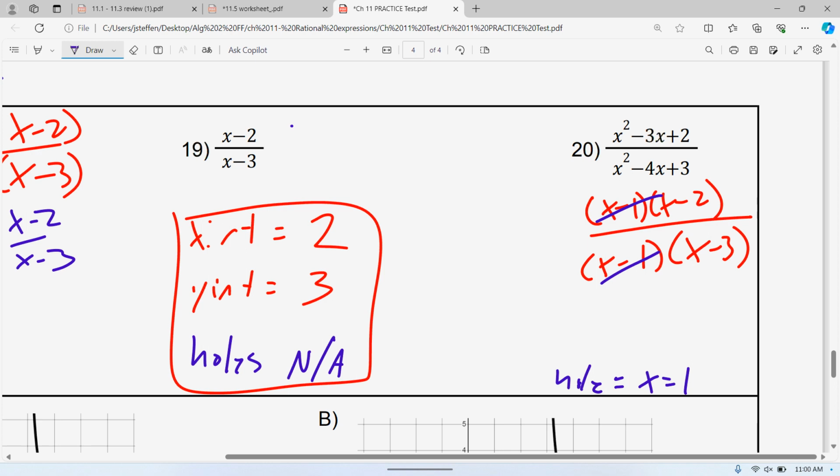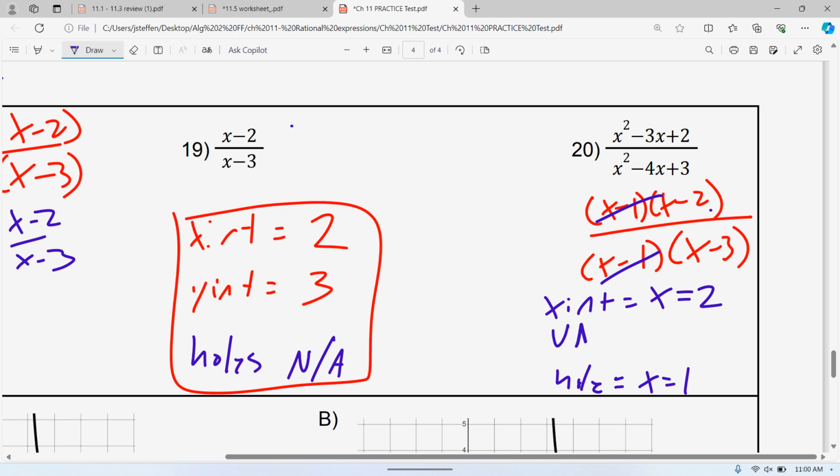Your x-intercept is what makes the numerator 0. Well, the 1 canceled, so we have x minus 2, so X is equal to positive 2. And the last one, your vertical asymptote, is where the denominator is 0, which is x is equal to 3.